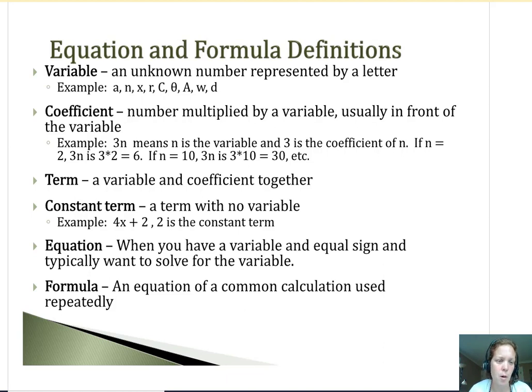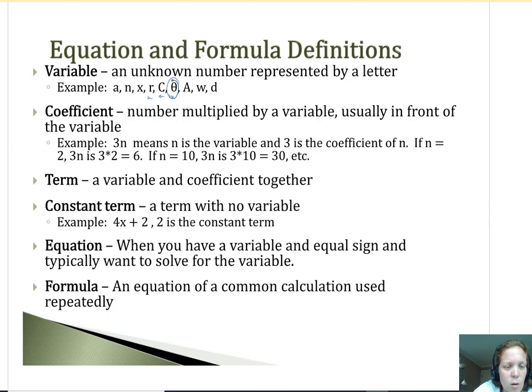So when we say variable, we're talking about an unknown number represented by a letter, typically. The more algebra ones we use are n and x, like with proportions. The ones that we'll use after we get this introduction are for radius, circumference. This one I wanted to throw in is a Greek letter.